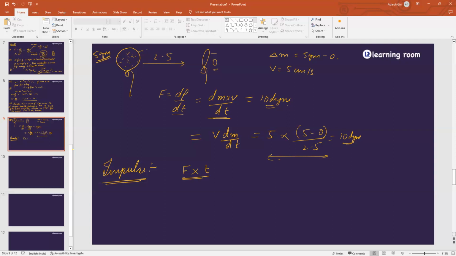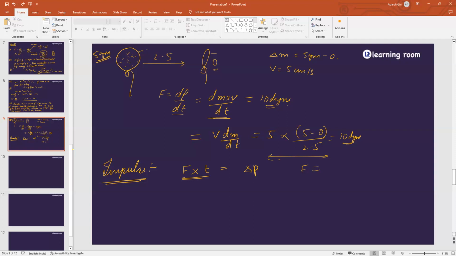Or we can say just change in momentum, not rate of change. Rate means with respect to time. We know now that force is equal to change in momentum per unit time. So if you take time to the other side, it will be the same thing. So either we can say that force into time is impulse, or just change in momentum.